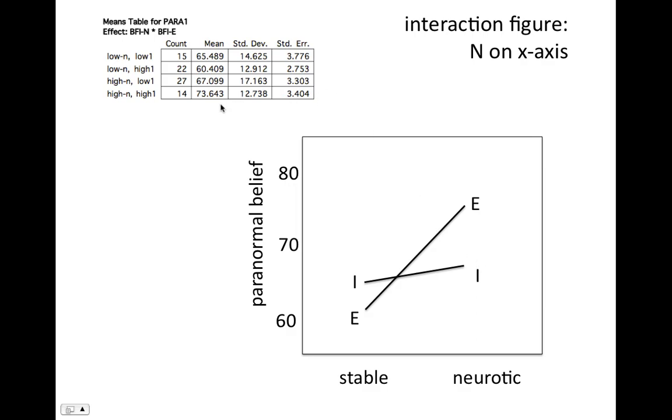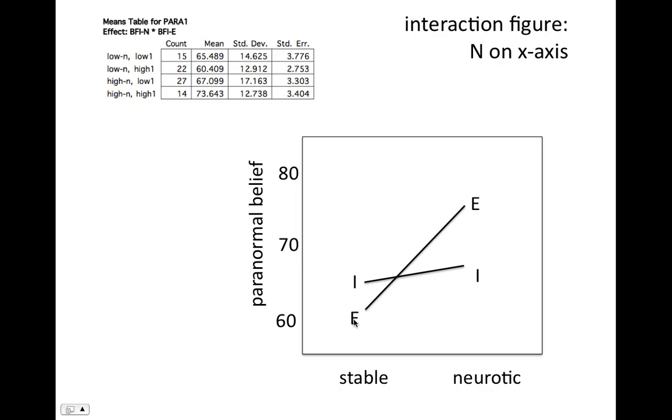And so notice that the range of values that we have represented with the subjects who did this test ranges from 60 to 73. And so what I've done here, and keep in mind that this figure is not legitimate APA style, but the scores on the dependent variable range from 60 to 80.